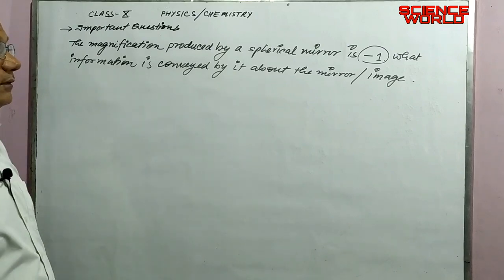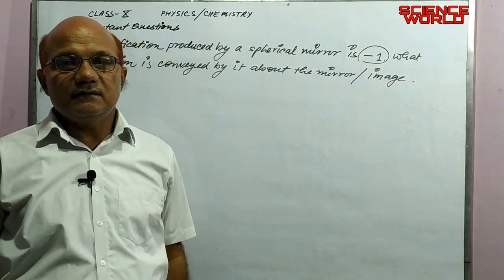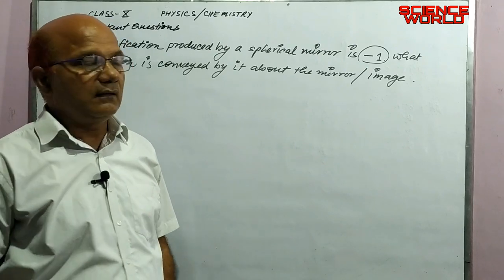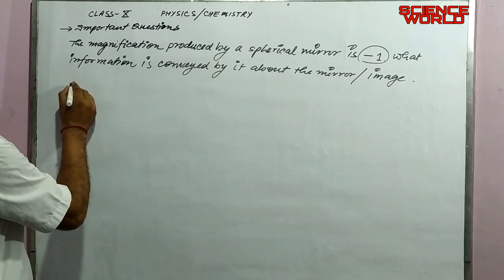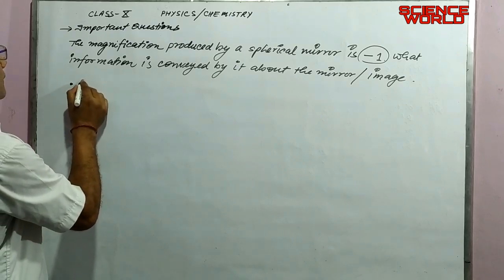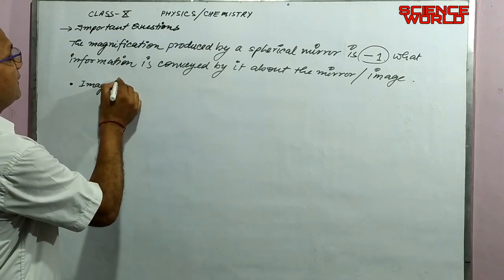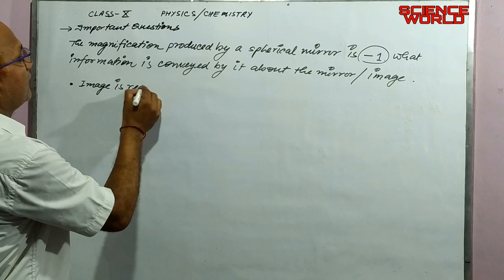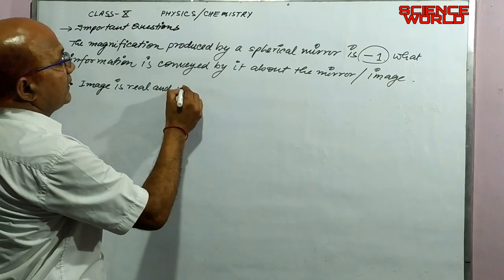As you know, if magnification is negative, it means the image is real and inverted. So the image is real and inverted.